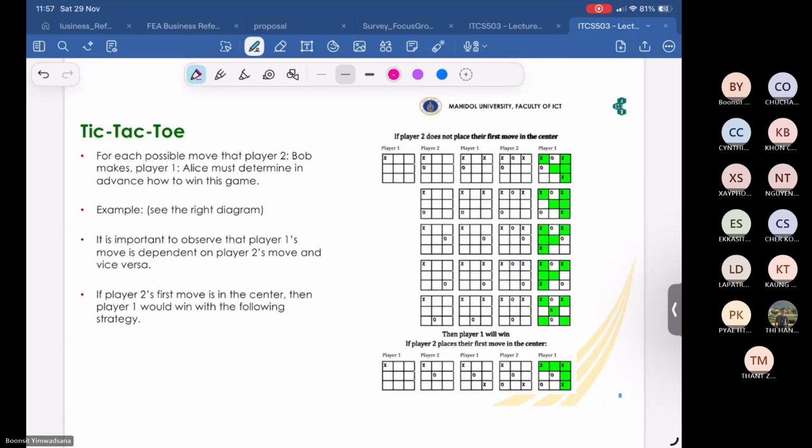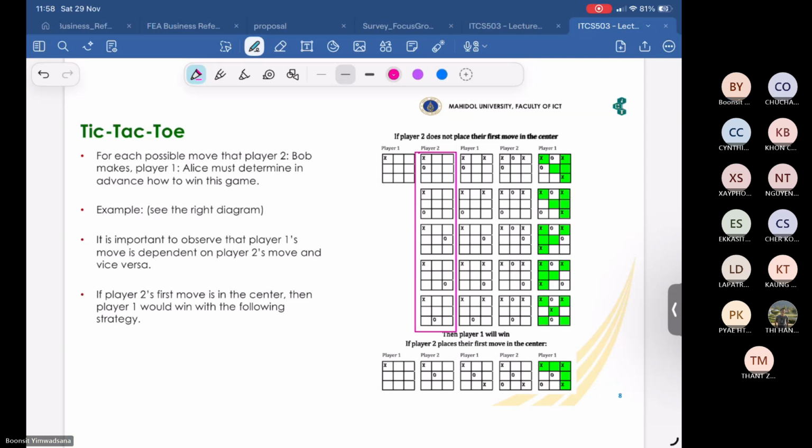So, given Bob's or player 2's ability to play, in this example, there should be 8 possible solutions for Bob. For each of the above solutions, player 1 will have other solutions to play and try to win.